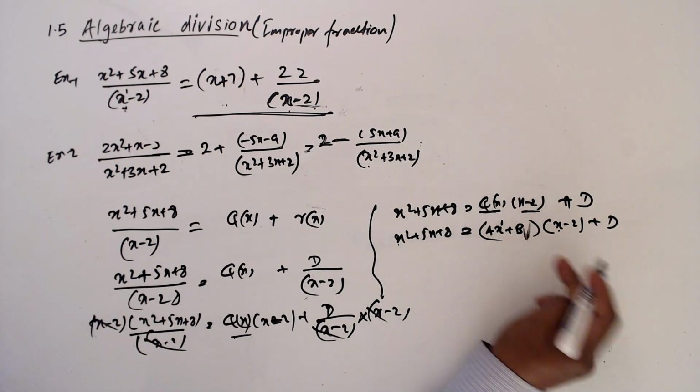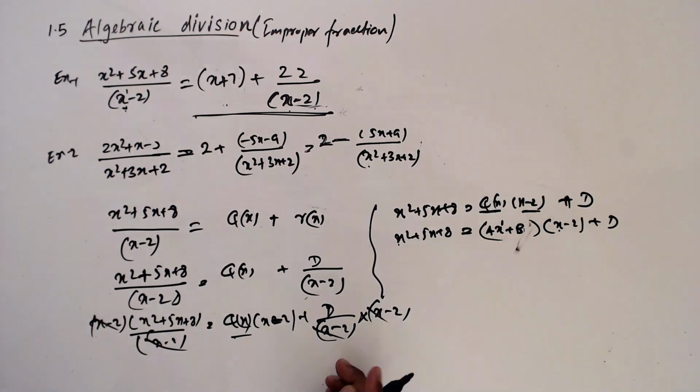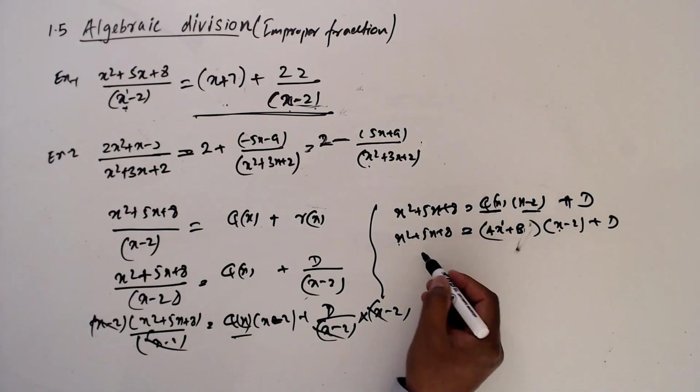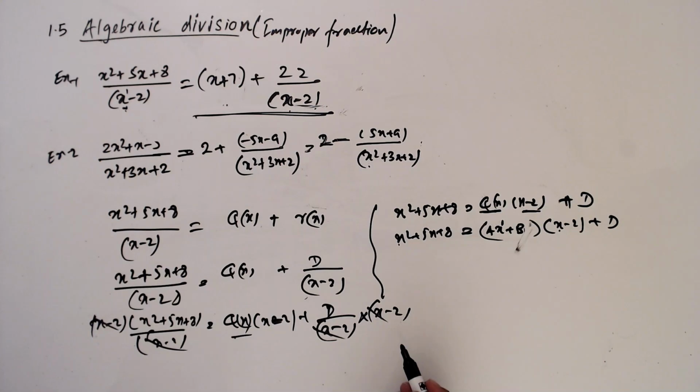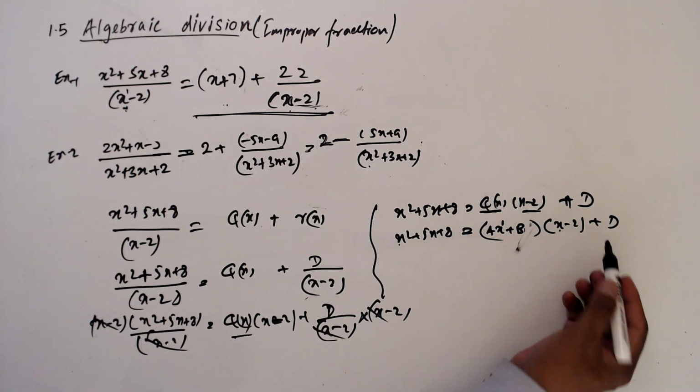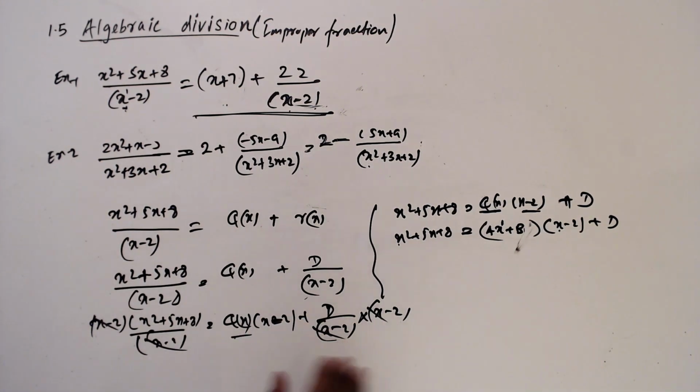X0 is b. Then you can use the equating coefficient technique to work out a, b, d. But I feel this might confuse you, so I will teach the same thing differently now.